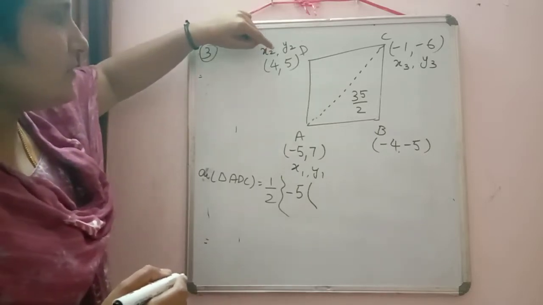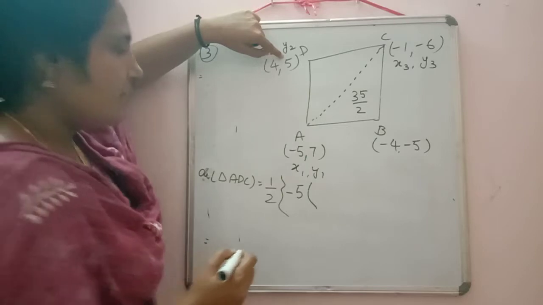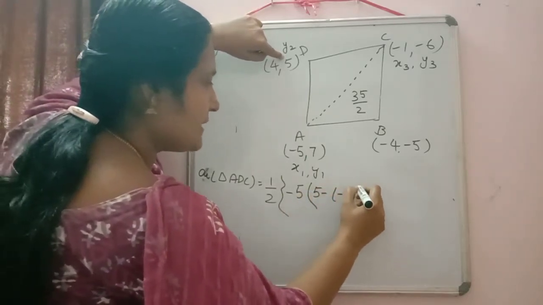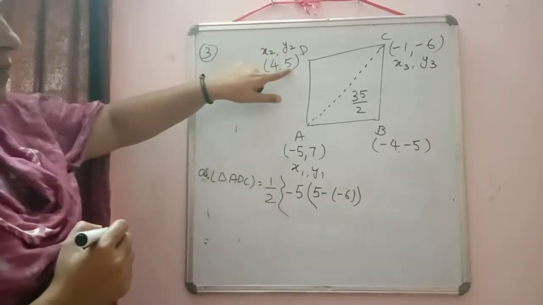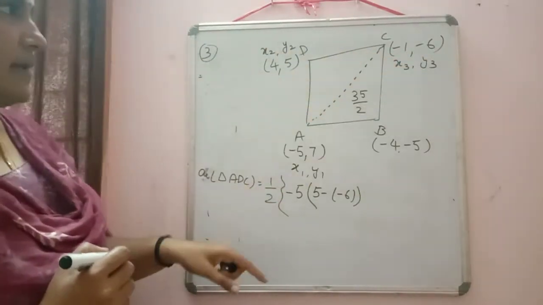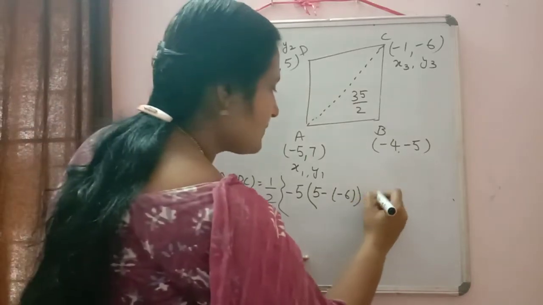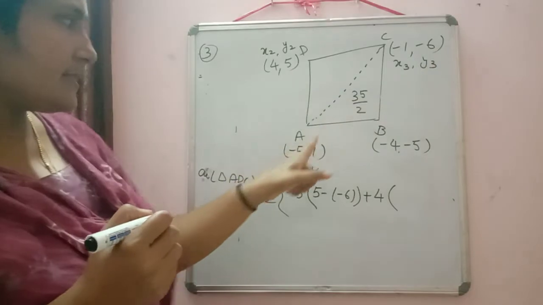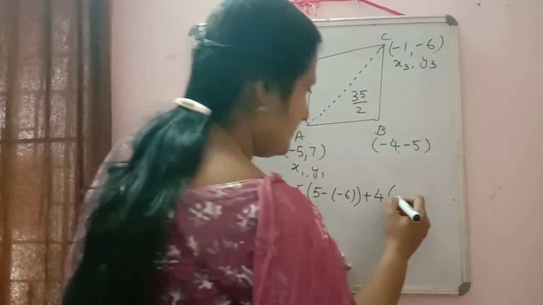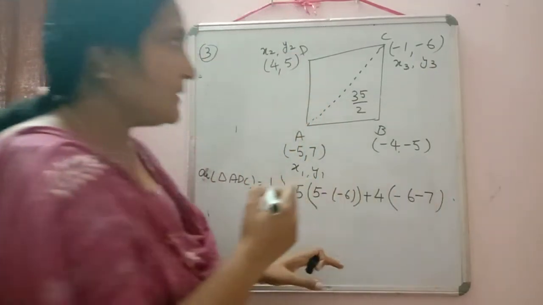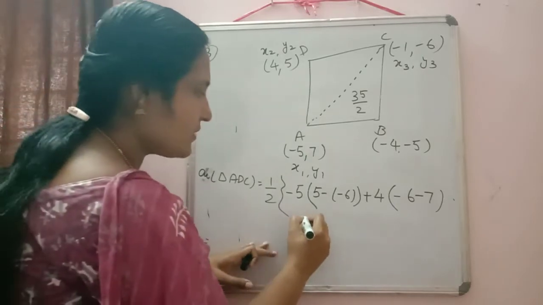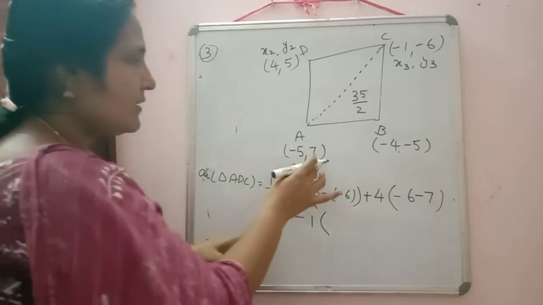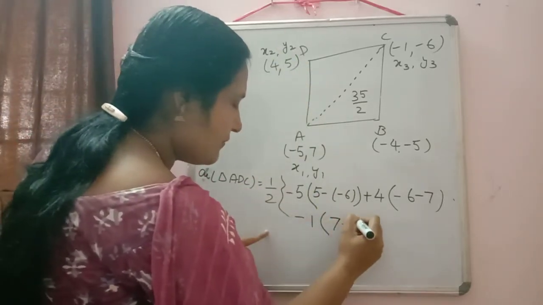In place of y2 we have 5 minus y3, that is minus 6. x1 into y2 minus y3 plus x2 into y3 minus y1, minus 6 minus 7, plus x3. x3 is negative, so I am writing here minus 1 into y1 minus y2, 7 minus 5.